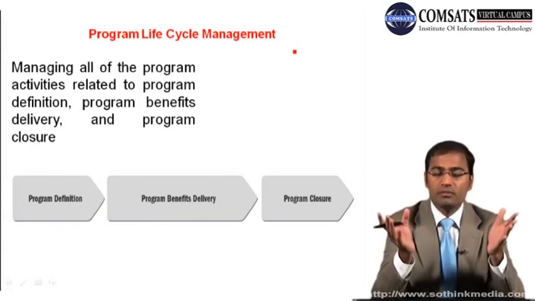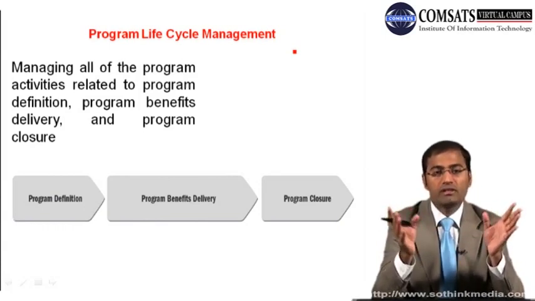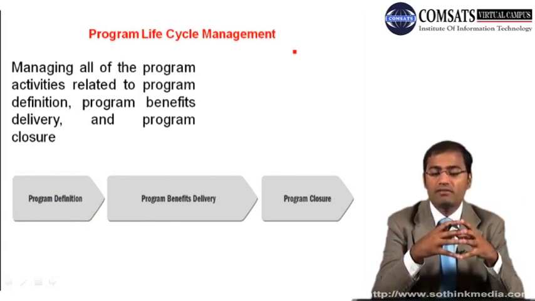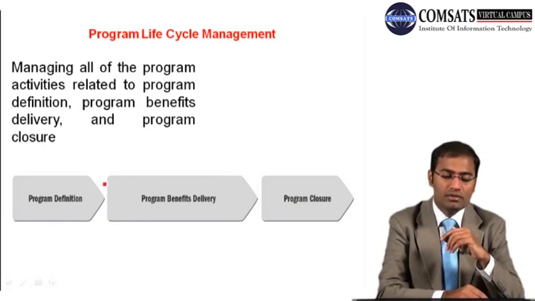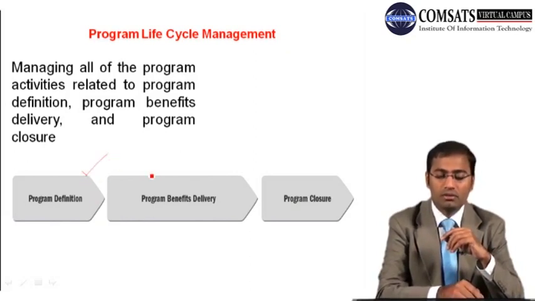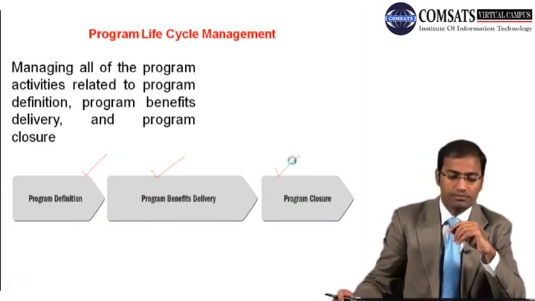These are the three parameters on which we will manage the lifecycle of the program. They are kind of sequential, and most of the time they should be, but they are not always. They may be in series: program definition, then program benefits delivery, and then program closure, the third one. Let's talk about them.